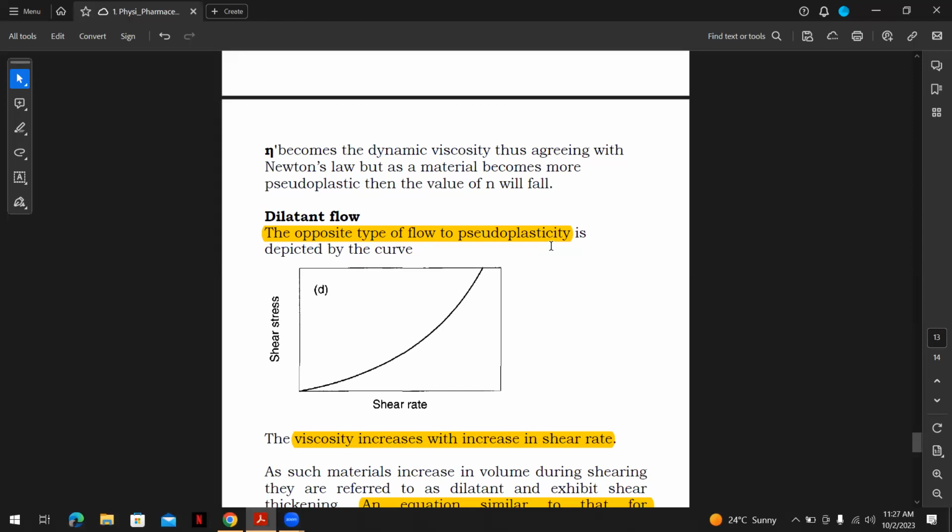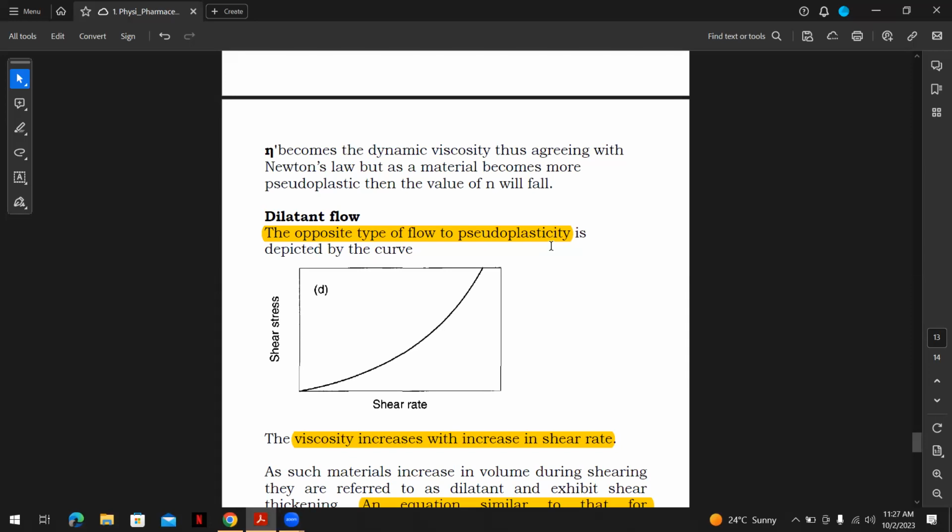A perfect example is when you're making ugali. I don't know if there's someone here who doesn't eat ugali. But with ugali, when you increase the shear rate, even if you've put very little flour or a lot of flour, it doesn't matter.